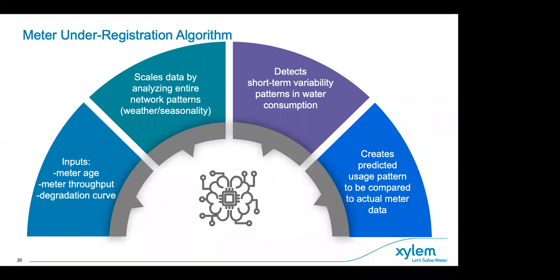So if it's gone through step 1, which is checking the meter against itself, and then step 2 is checking the meter against the network, then we move on to trying to identify short-term variability patterns in the water consumption.